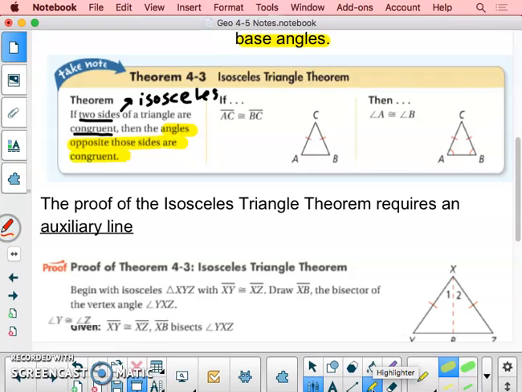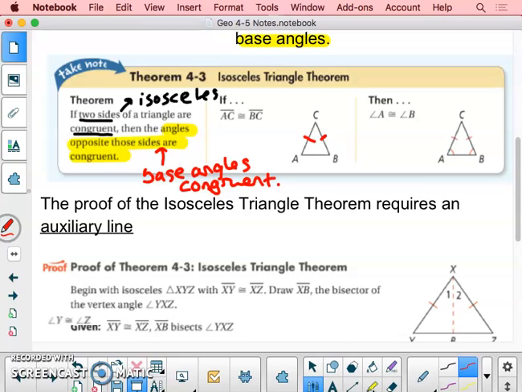So another way to say that is the base angles are congruent. Okay, so what that means for us is if you see an isosceles triangle, you can say the angles opposite that are congruent. The base angles will have to be congruent if the triangle is isosceles.